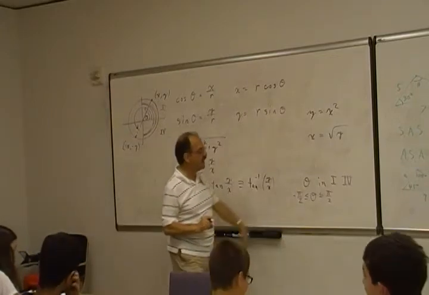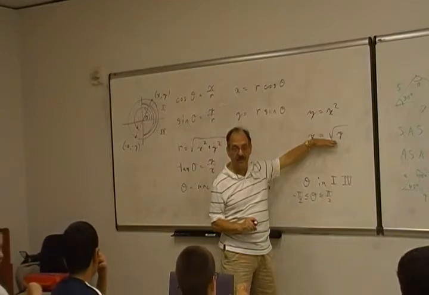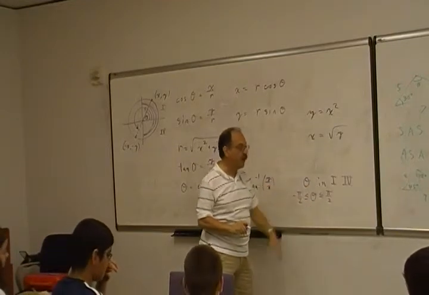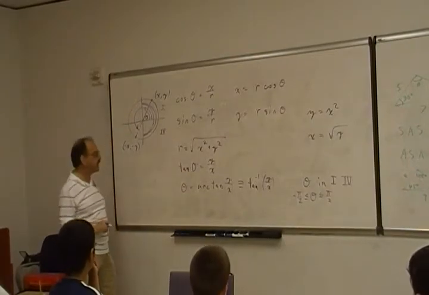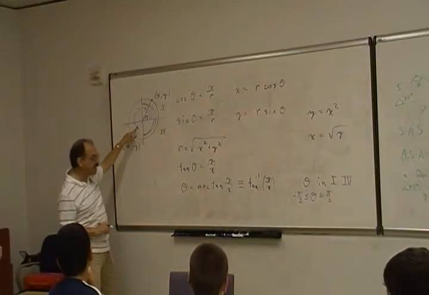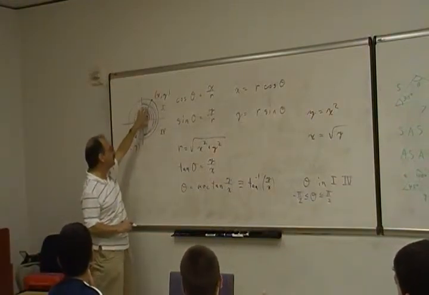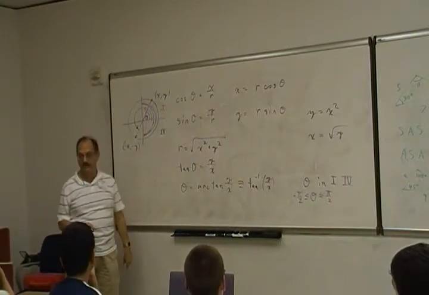Just like we always take the positive square root even though there are two possibilities, likewise with arctangents there are two possible thetas which would give this answer, that angle and that angle. By definition, the arctangent always takes the one between minus pi over 2 and pi over 2.